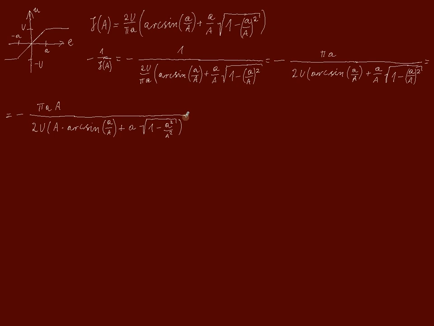But what can we do to avoid having a fraction under the square root? We can multiply the square root by large A. Then the interior of the square root will be multiplied by A squared. So, we multiply numerator and denominator by large A again.